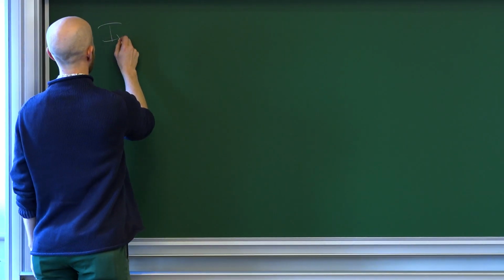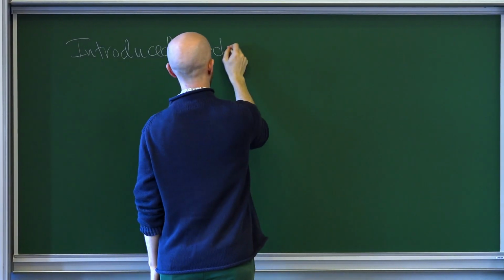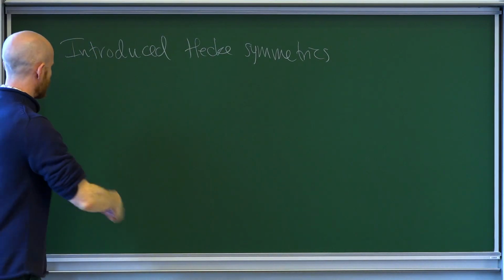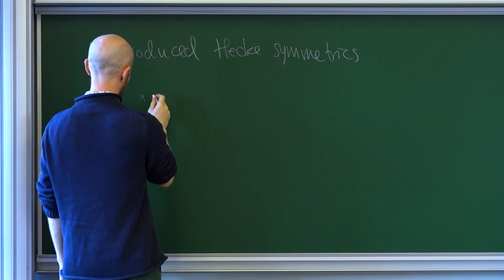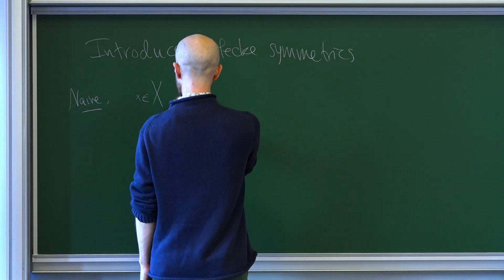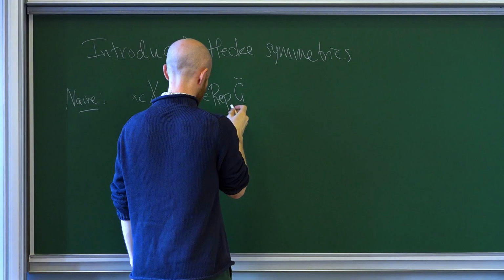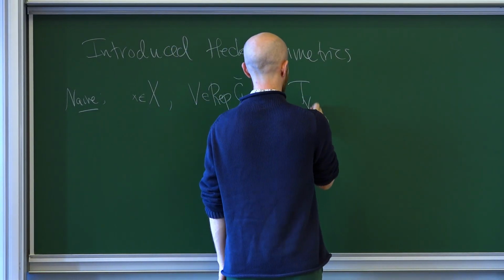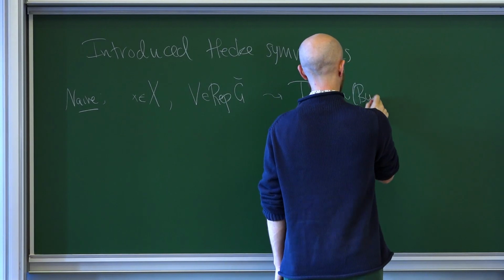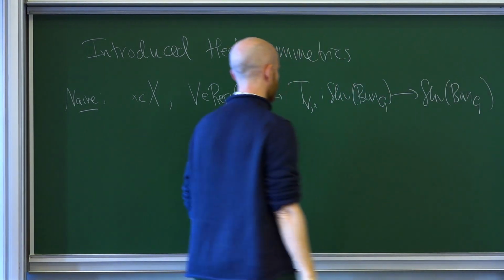And then we introduced the Hecke symmetries at the end of the talk. And so, again briefly, the naive setup would be that for every x in X and every representation of G check, you get this corresponding Hecke functor from sheaves on Bun_G to sheaves on Bun_G, in any of the settings above.